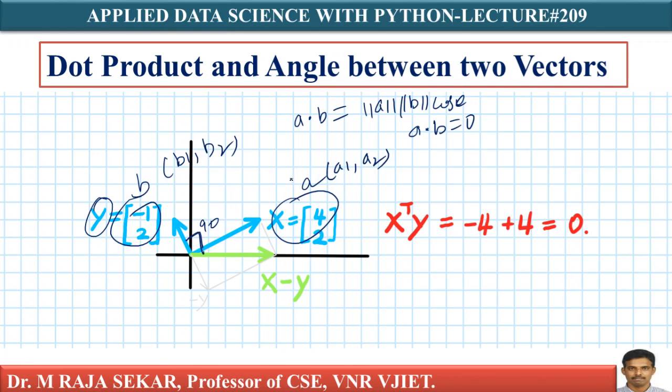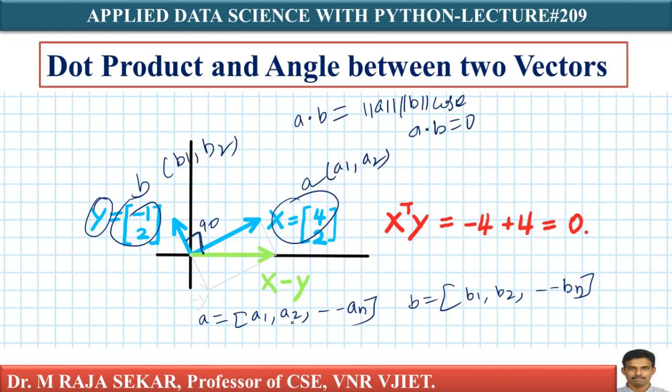Remember, this whole idea of angle between two vectors can be extended to any dimensions. If there is an n-dimensional vector, A equal to a1, a2, so on, an, and B equal to b1, b2, so on, bn. Here we can't visualize more than 3 dimensions, but with the help of linear algebra, you can formulate these formulas.